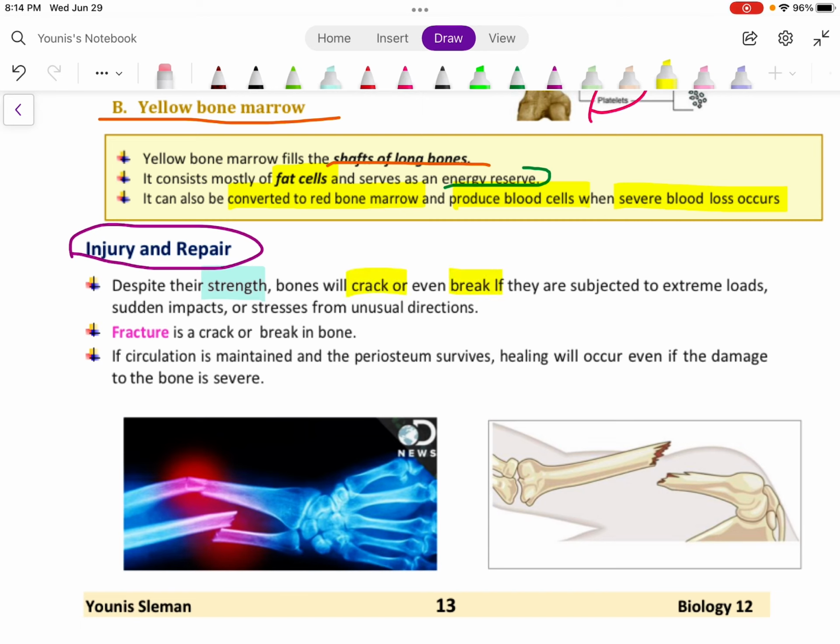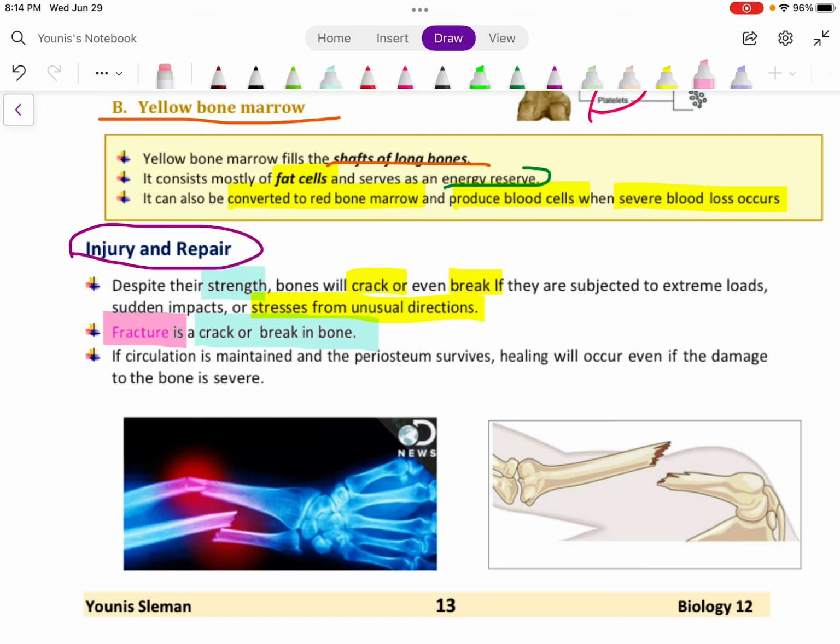This can happen if the stress is from unusual directions, or if there is a sudden stress or impact or extreme loads. When the bones are subjected to such pressure, there is a possibility of a crack or break to happen. Cracks and breaks are also referred to as fracture. So fracture is any crack or break in the bone.